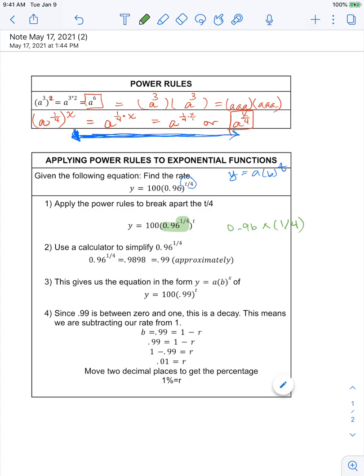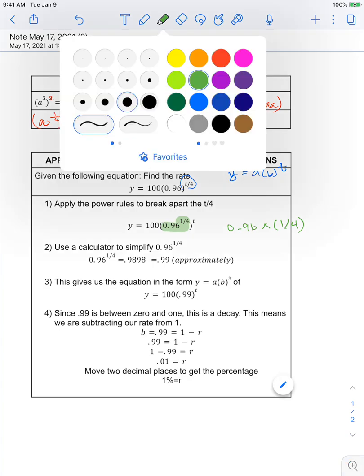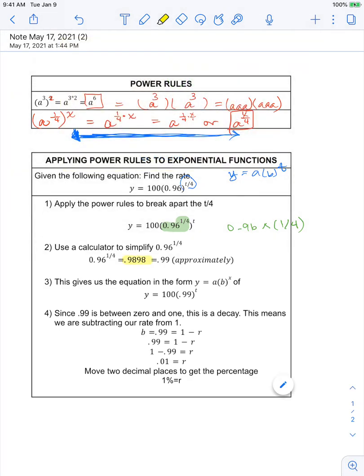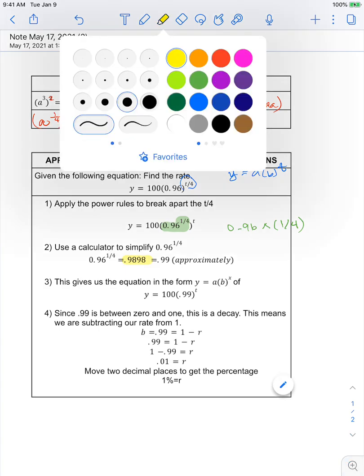Okay, so once I put that in my calculator, I'm going to get this guy right here. So that's about what I'm going to get. And I want to round that, and 0.9898 is going to round to approximately 0.99. And that's what I'm going to use to replace, and I'll make this green again.